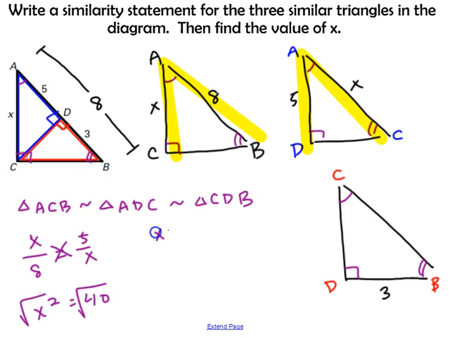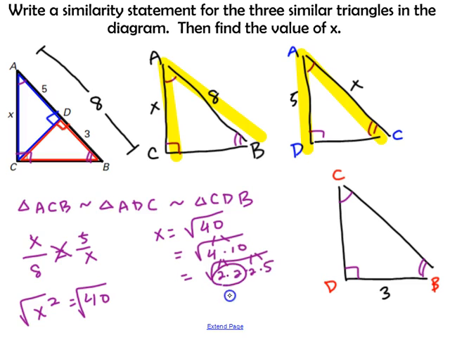So we'll get x is equal to the square root of 40, and again 40 is not a perfect square, so we want to simplify that. 40 is equal to 4 times 10. 4 is equal to 2 times 2, and then 10 is equal to 2 times 5. So the only pair we can get out is 2. So we have 1, 2 that gets out, and then 2 times 5, which is 10, needs to stay inside. So here we have the value of x in simplified radical form.